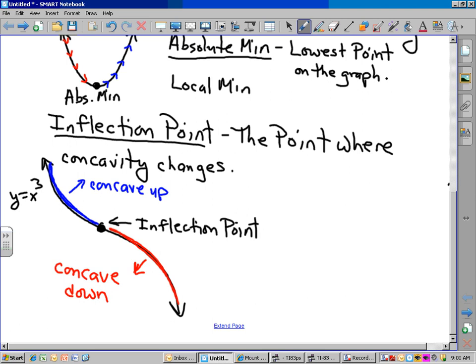But as soon as you know how to do what's called a derivative, you can do that in calculus. Okay, the first derivative equal to 0 will find maximums and minimums. The second derivative equal to 0 will tell you where the inflection points are. So we got to get the calculus before we can do that by hand.